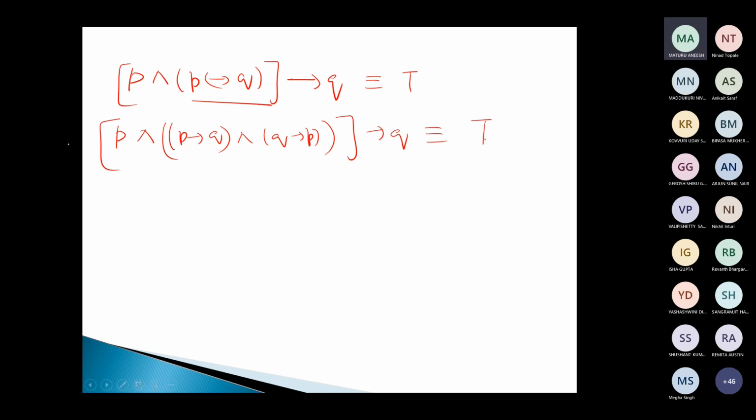Many things are here, right? So P and this is not P or Q and not Q or P. The whole thing tends to Q is always a tautology.